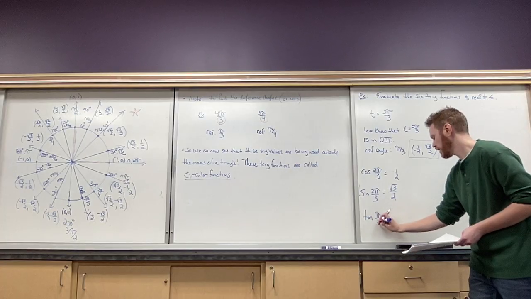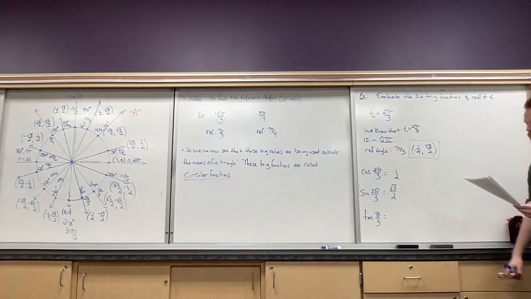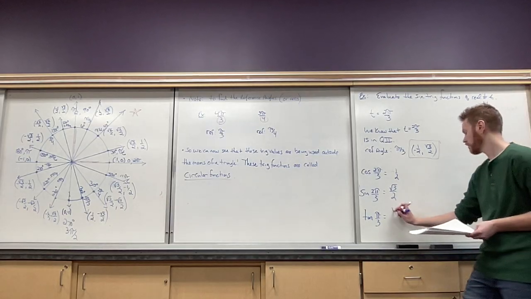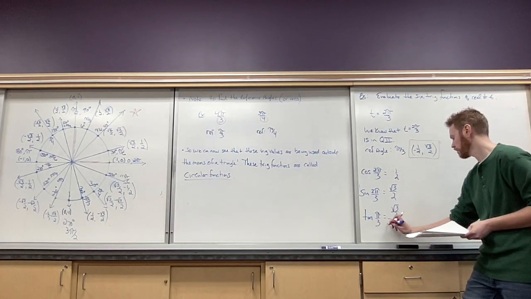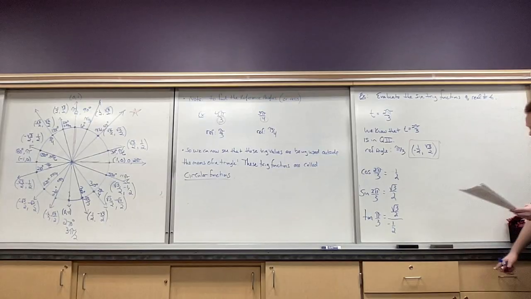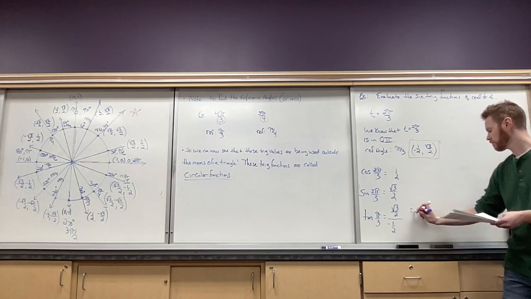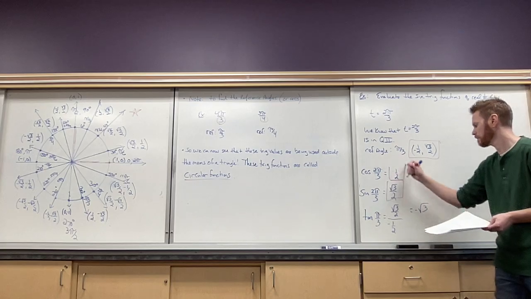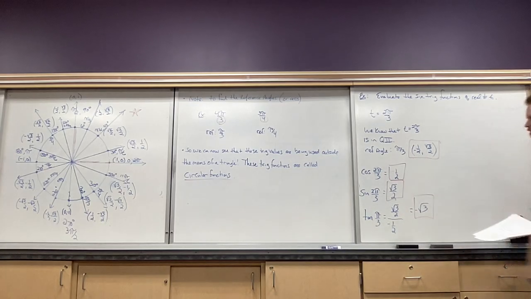Tangent of 2 pi over 3. Okay, so that's these two as a fraction, right? So it'd be square root of 3 over 2 over negative a half, which reduces to negative square root of 3. I'll put these in boxes so we can see it better. Okay. Questions on how I got those first 3? I'm doing okay? All right, let's keep going.